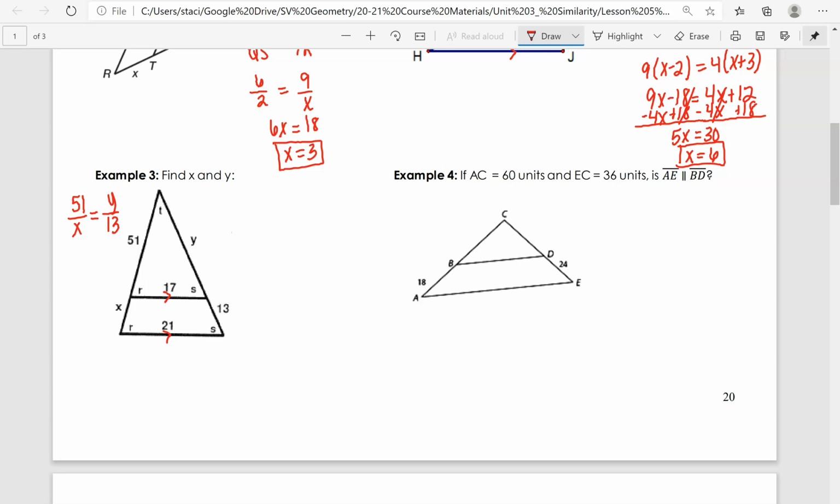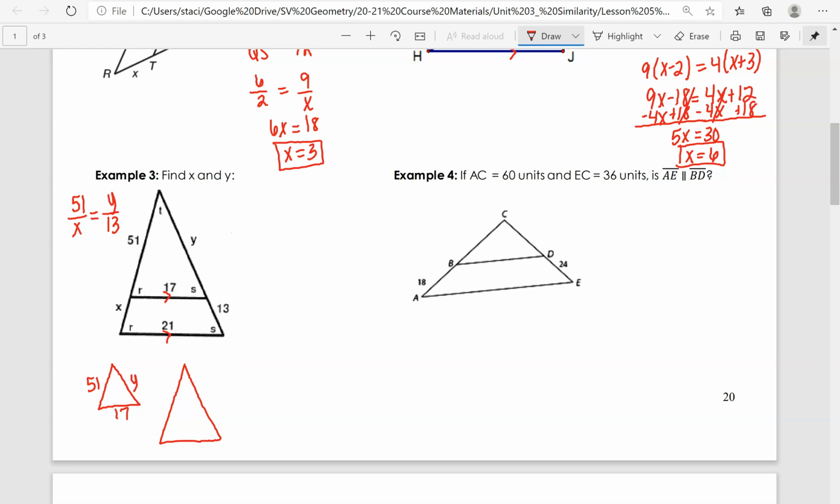So I'm going to separate these two triangles so that I see my small one and then I see the large one. I'm going to see if I can use what we learned in lesson 4 to help me set up a different set of ratios to solve for either x or y. If I look at this small triangle, this side is 51, this side is 17, and this side is y.